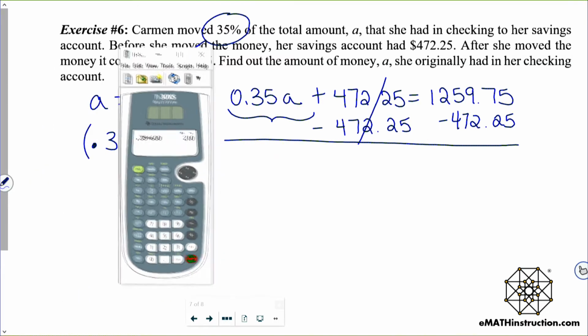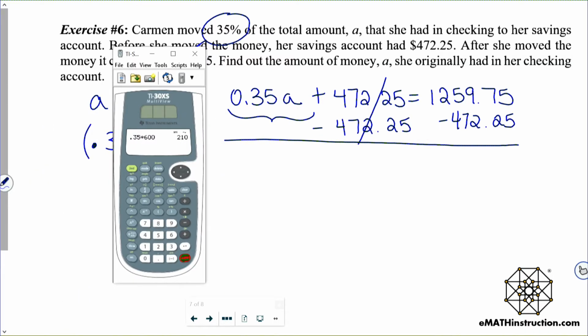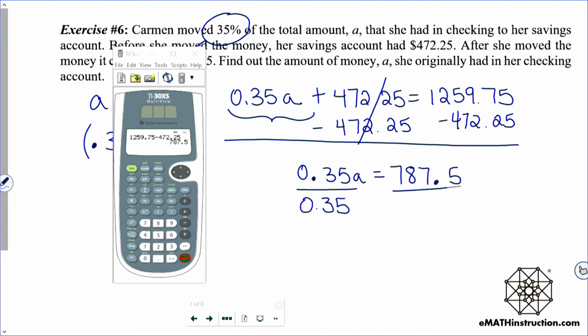Here comes that calculator work, right? I'm going to have, hopefully, 1,259.75 minus 472.25. And that leaves me with 0.35A equals 787.5. I can now solve for A by simply dividing both sides by 0.35.